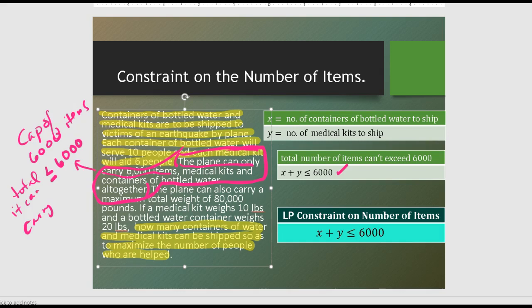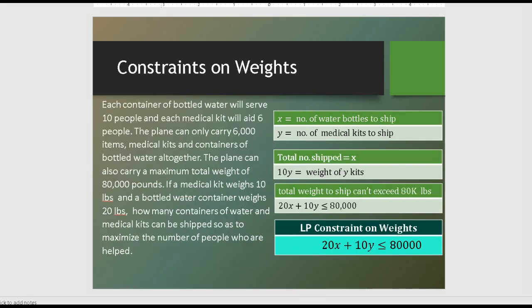Notice we ignored the other sentence because we were able to capture a constraint from this single sentence. Again, we read the problem, ignoring the sentences that gave us information that we have already used. And that would be this. We don't need that.